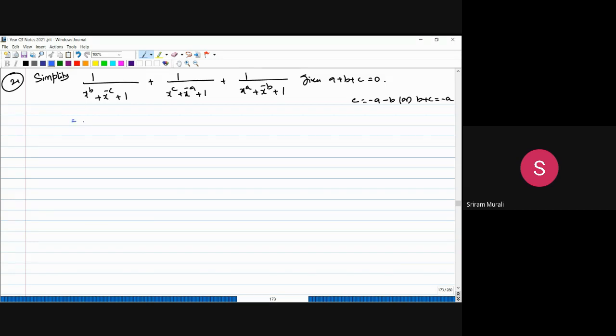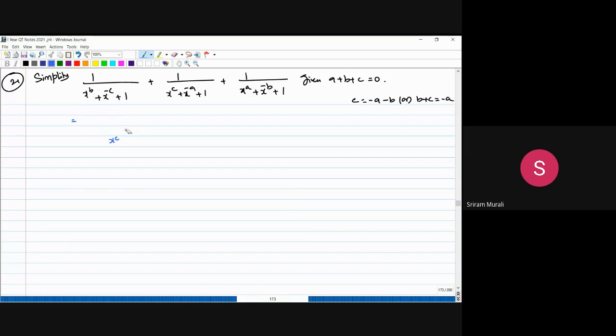So this is equal to, first you eliminate the negative power. This is x power B. This is 1 by x power C plus 1. So we want to eliminate the power now.